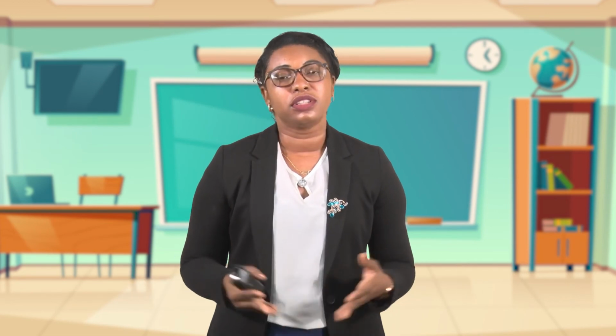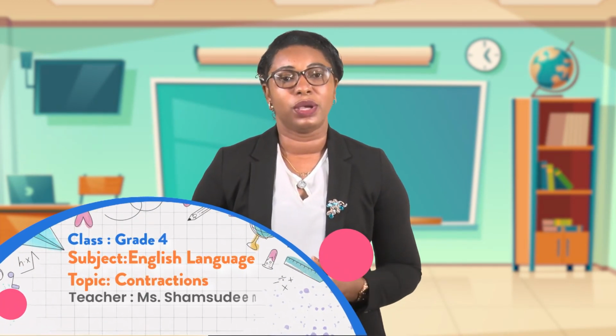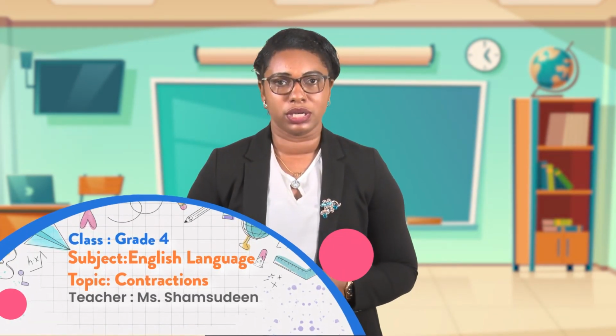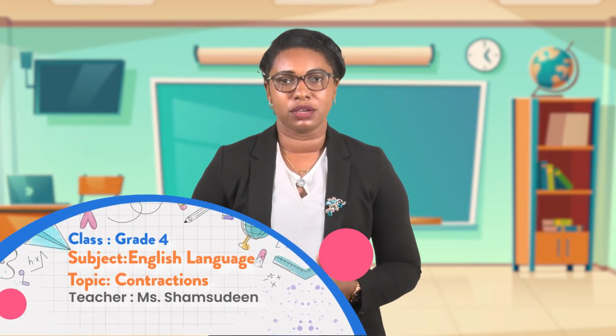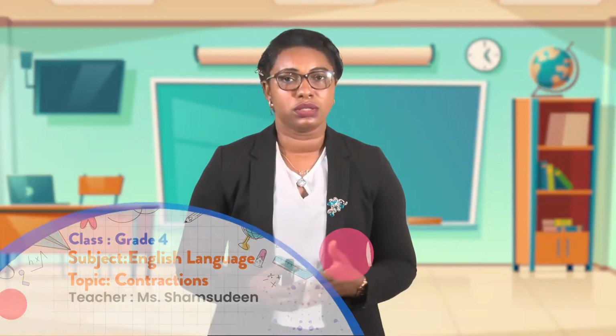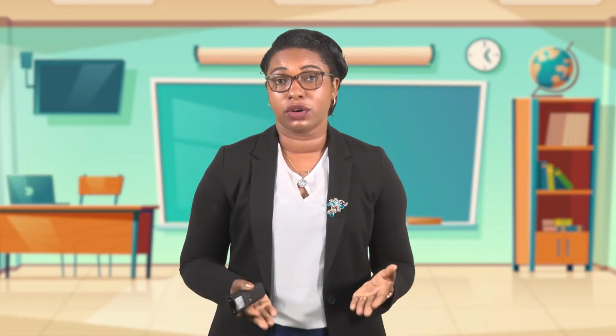So you hear there again, they're sounding the same, but they're not the same. They're not even spelled the same. So you have to be careful that if you're using these words for contractions, you use the spelling of the contraction form and you don't use W-A-T-T-S, which would not be a contraction.